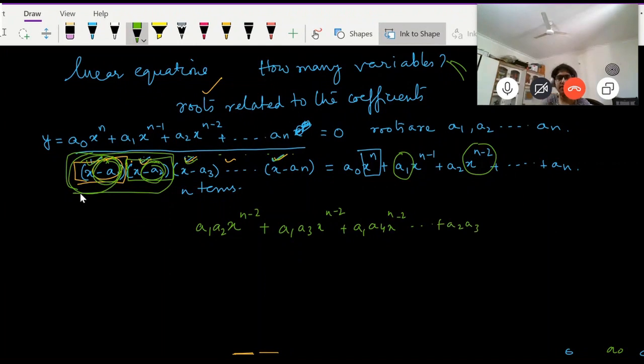Why aren't we leaving it out like we did in n minus one? In x to the power n minus 1, we left out one term each time. Now, because I want to get x to the power n minus 2, I have to leave out two terms, because there are total n terms.